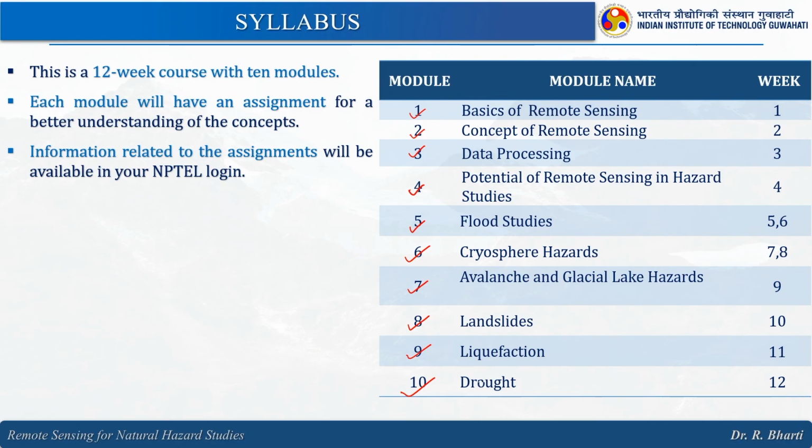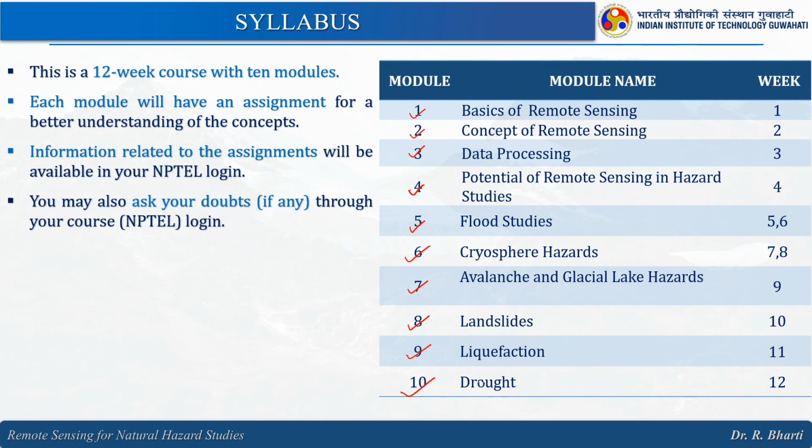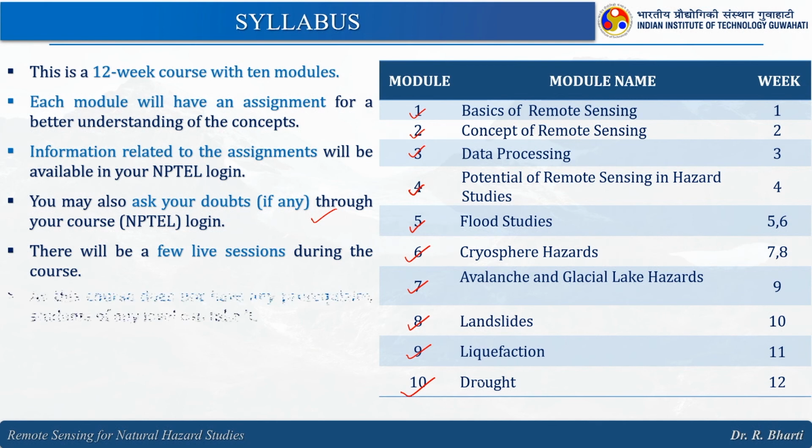Information related to assignment and submission will be available in your NPTEL login. You may also ask your doubts through your NPTEL login, and there will be a few live sessions during these classes, which will help you to discuss and clarify some of your doubts.